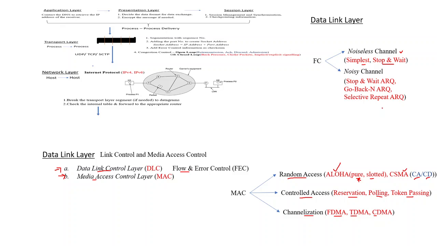This was just as a starter, it just assumed that there is a noiseless channel, and if there is a noiseless channel, this is how a flow control mechanism can be used. But in reality, we have a noisy channel, and the first rudimentary protocol that was used was stop and wait ARQ, or automatic repeat request.